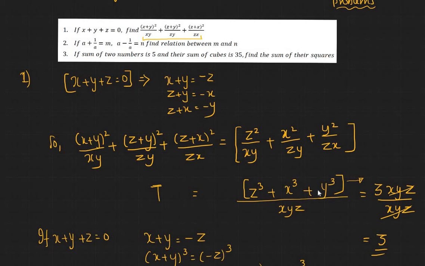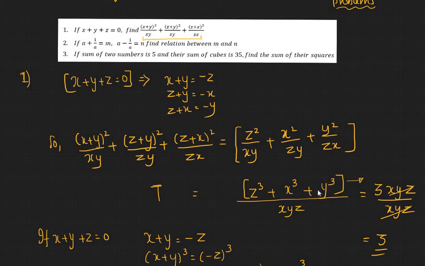Once you get into this form, you need some luck and experience, and if you would have seen something related before, then it can really help you. So here we had seen before that x cube plus y cube plus z cube, if x plus y plus z is 0, could be 3xyz, and we recollected that and tried to use that property.